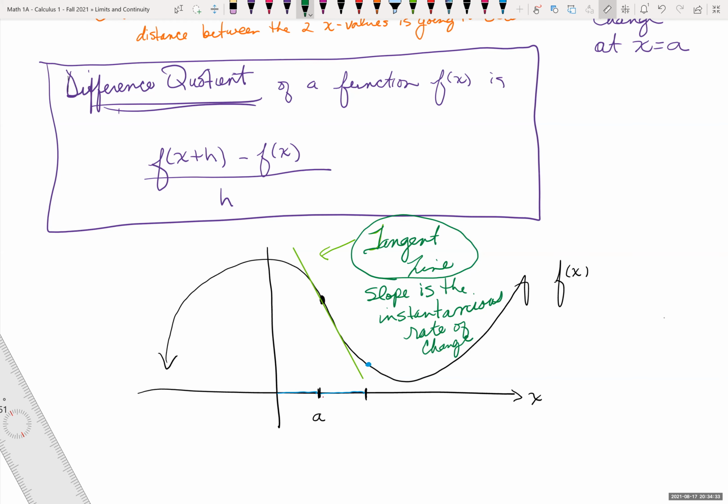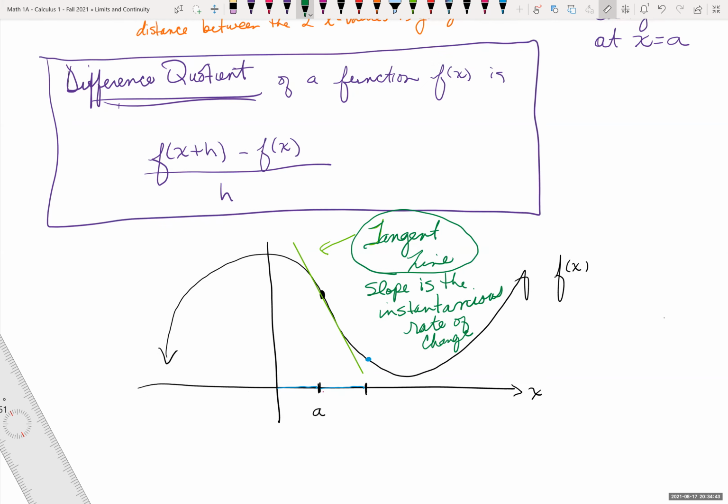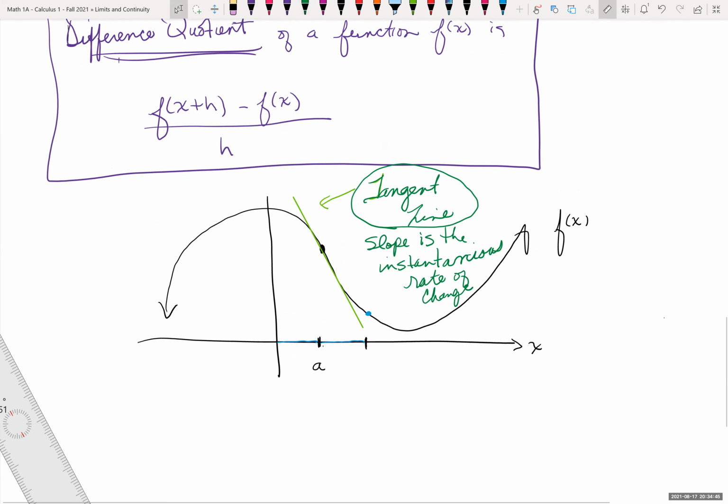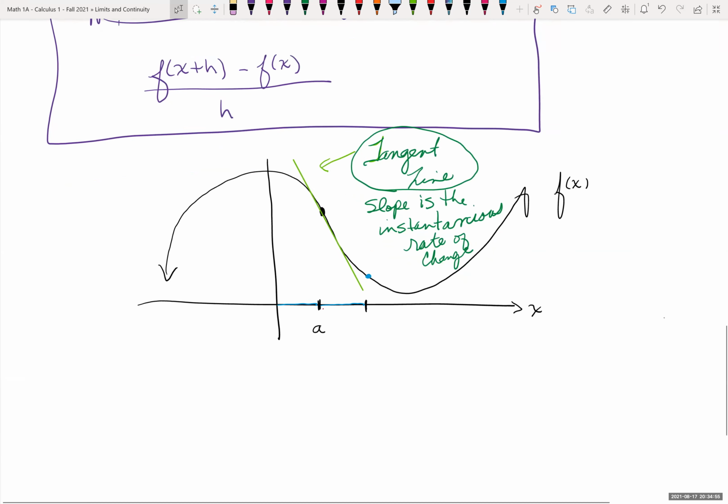Okay, so throughout the semester you're going to be asked to find equations of a line. So find the equation of the tangent line, find the equation of the secant line. And so you've got to recall how to find equations of a line. So recall, kind of going back to algebra really quick, finding equations of lines. There are two things that you need when you're finding equations of a line.